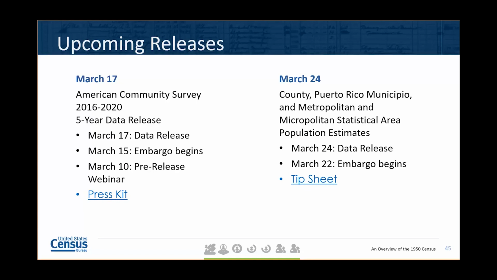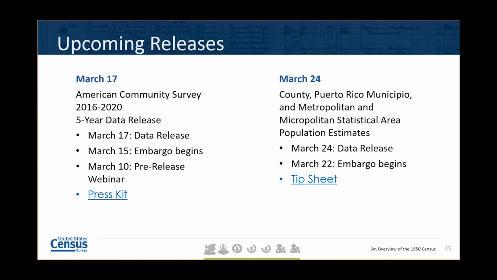Thank you. I'd also like to let you guys know that last week we hosted another webinar giving a preview of what to expect for the release of the 2016 to 2020 American Community Survey 5-year estimates. This webinar is available in the ACS press kit. ACS 5-year data will actually be available under embargo beginning tomorrow, March 15th at 10 a.m. Eastern, with a public release at 12:01 a.m. Eastern on March 17th.